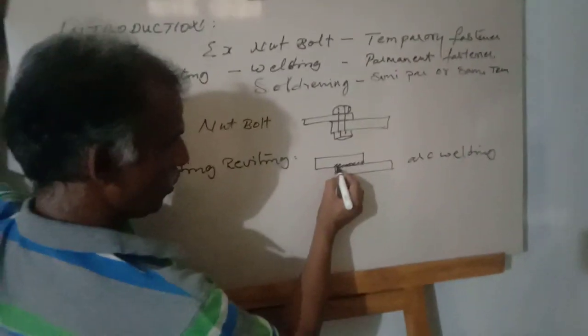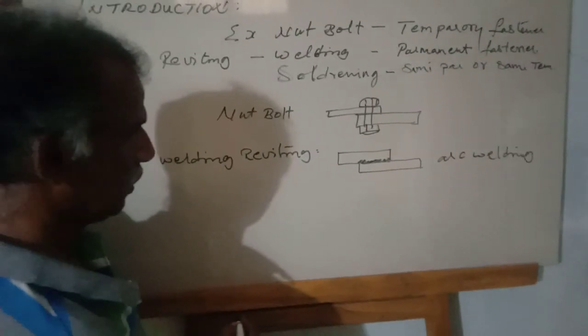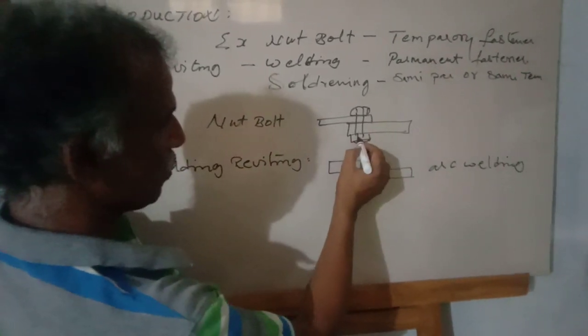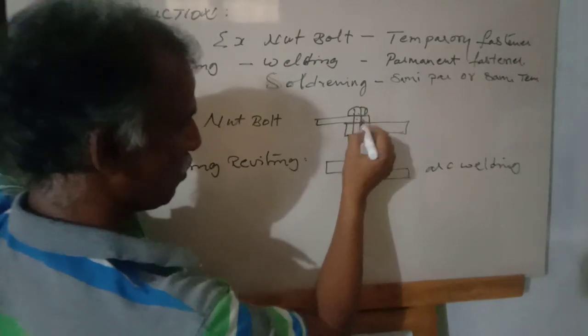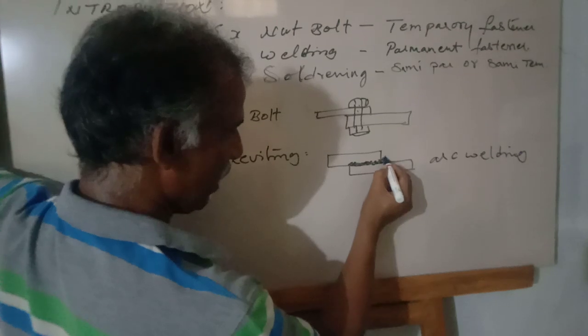Now, when you want to dismantle these two flaps separately: here in the nut and bolt system we are using nut and bolt to join these two flats. Here we are using electrode for welding.